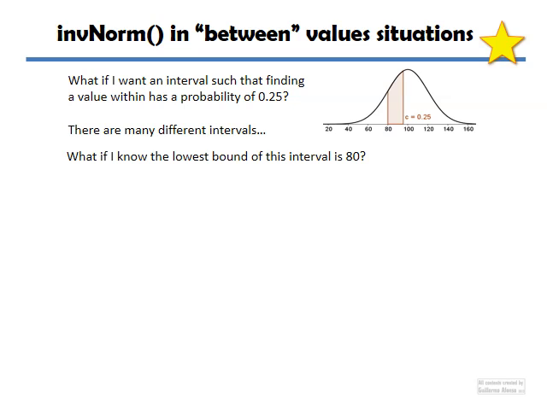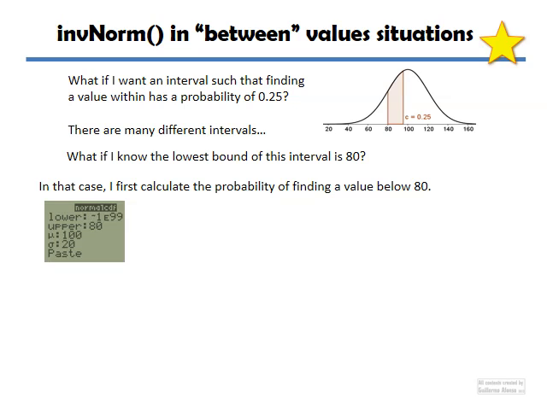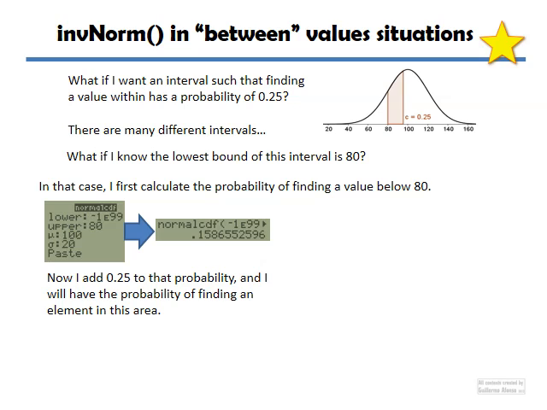So this is how I'm going to do it. I'm going to first calculate the probability of finding a value below 80. I type it into my calculator and I get 0.158, 65, etc. Now, if I add 0.25 to that, I'm going to get this area here. And if I find out what this value is, which I can do with the invNorm again, I'm going to have this value here.